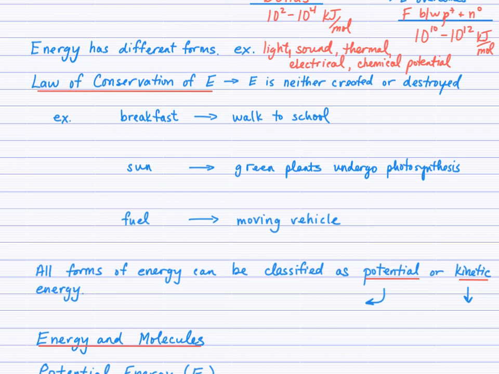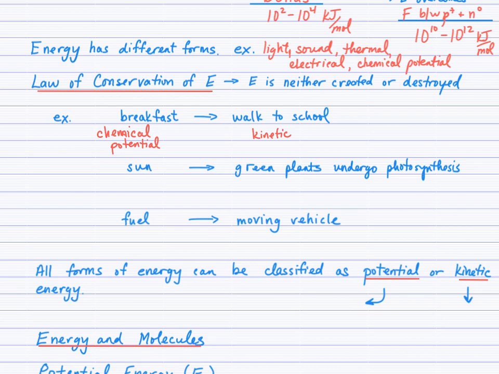So what form of energy is the energy in when you're eating the food that is your breakfast? Well, it's the energy stored in the molecules of your breakfast food. And so we call that chemical potential energy. And when you walk to school, now you've transferred that into energy of motion, mechanical energy, kinetic energy.